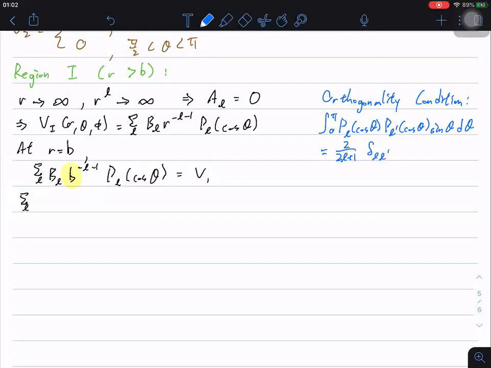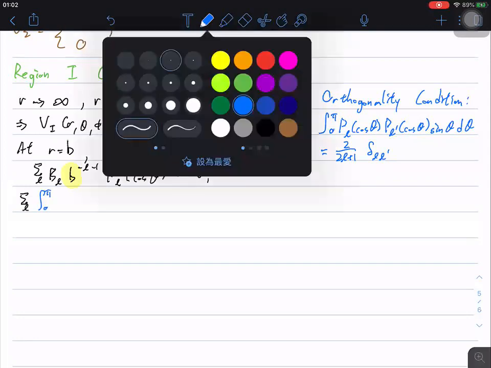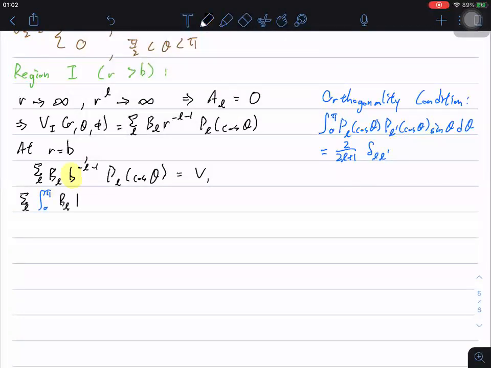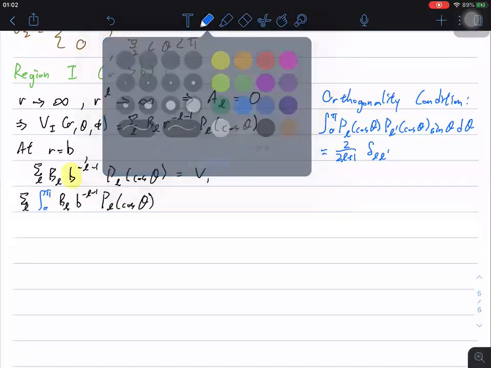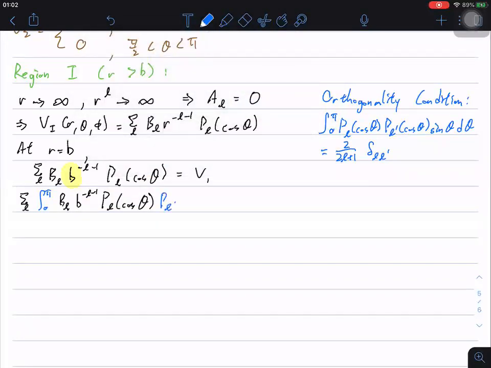So again, in order to find BL, you perform the same trick: integrate the whole thing from 0 to pi, where the integrand is multiplied by another Legendre polynomial and also sine theta. And you do the same thing for the right hand side.